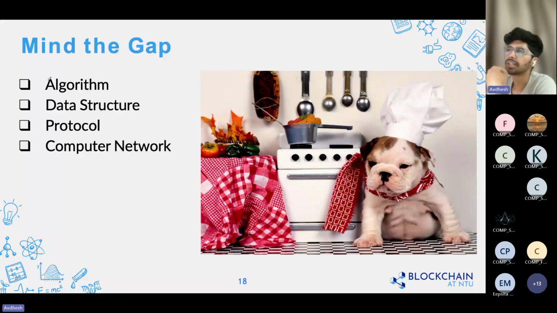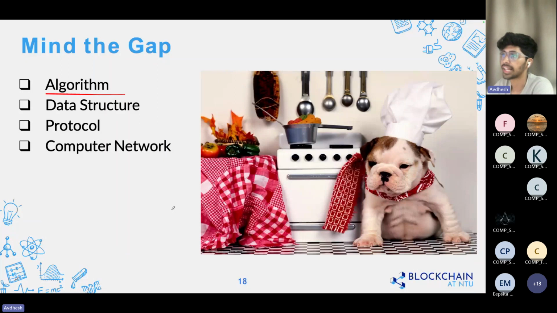So, what is an algorithm? You must have heard about Dijkstra's algorithm, and you must have done data structures as well. An algorithm is basically a set of steps that you follow to derive something.